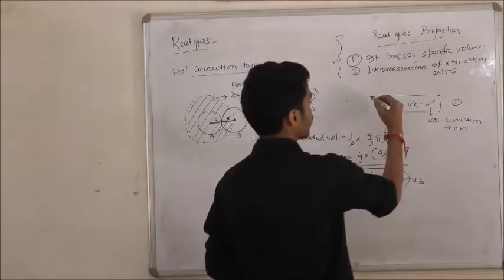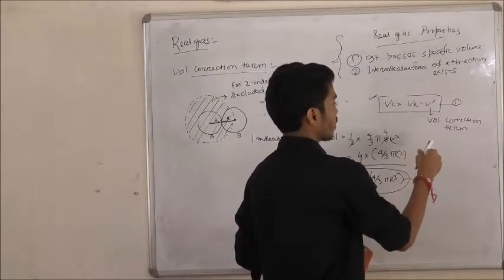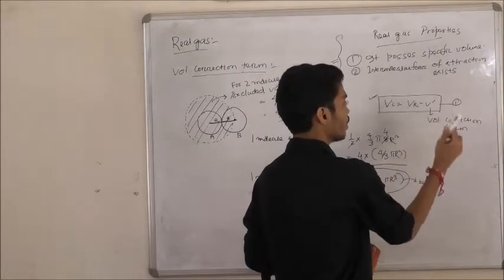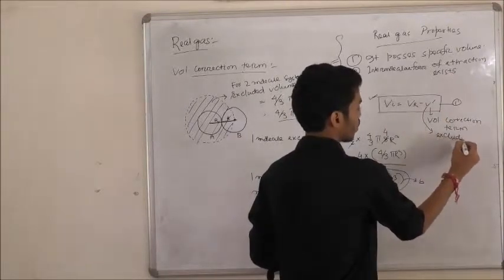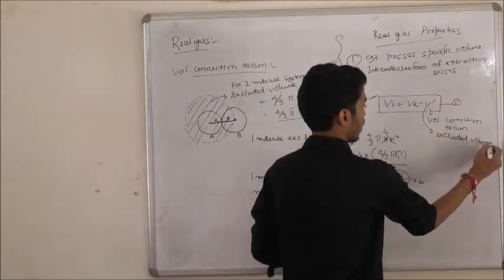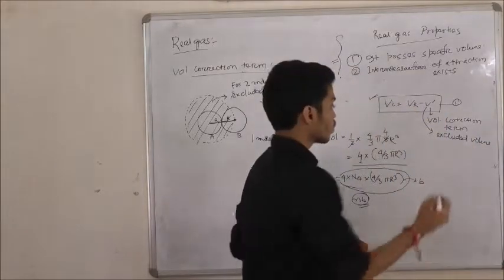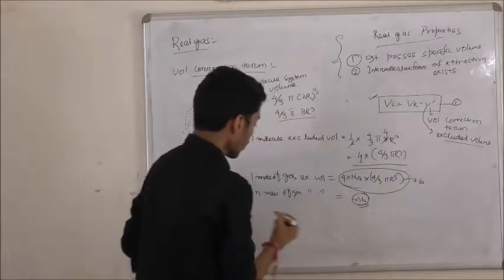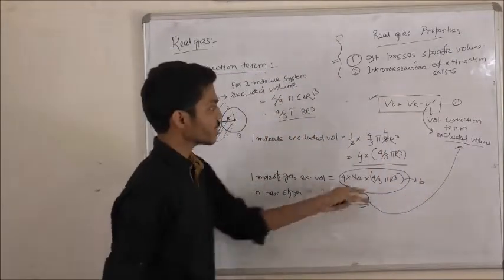And see here, this was the Van der Waals volume correction equation, where Vi equals Vr minus V dash, and this V dash is the excluded volume, because we want to subtract this volume from the real gas volume. Now we can put this excluded volume over here, that is nb.